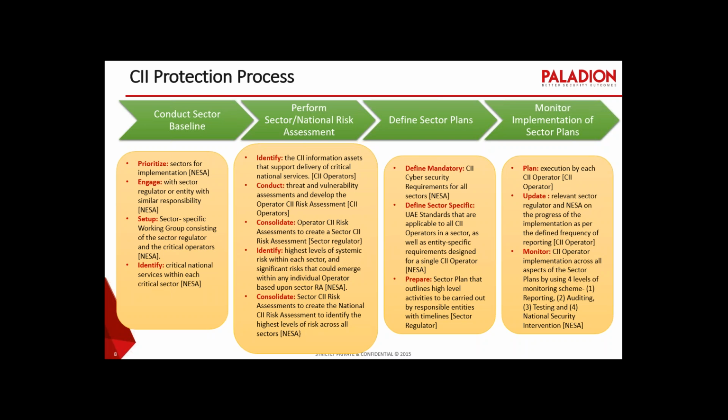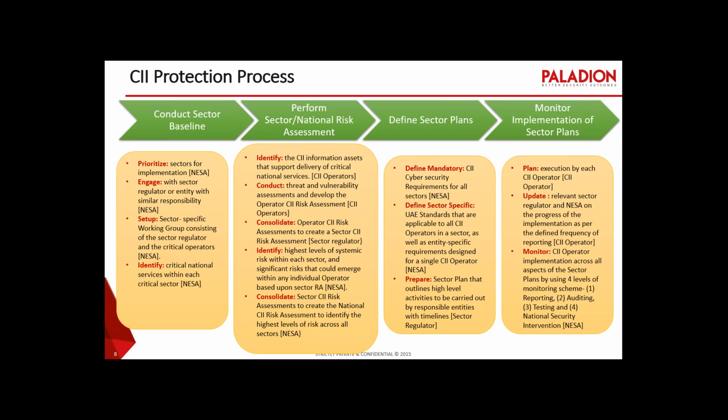The second level of compliance monitoring is auditing, wherein NESA would ask for evidences for certain controls, and the third level is testing, actually running a test on the control and seeing how effective it is.